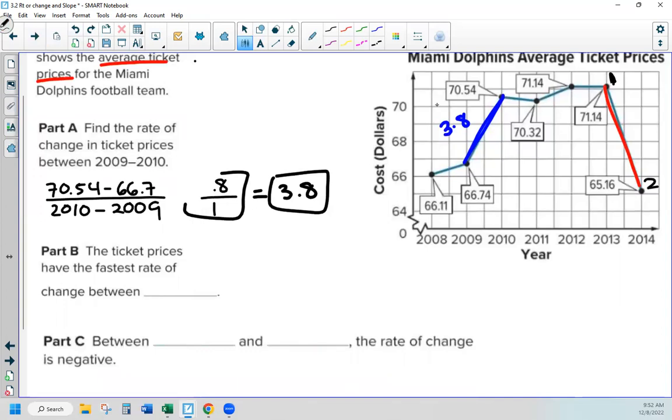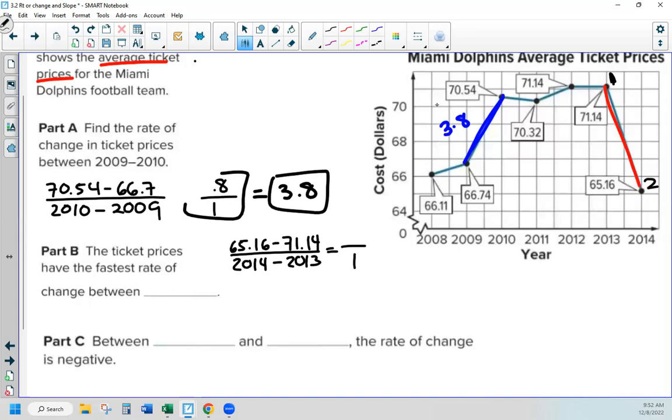All right, so y2 would be 65.16 minus y1, 71.14, divided by, what are the years? 2014. And the difference, 2014 to, what is that? 2013? Okay, just one more year. 2013.